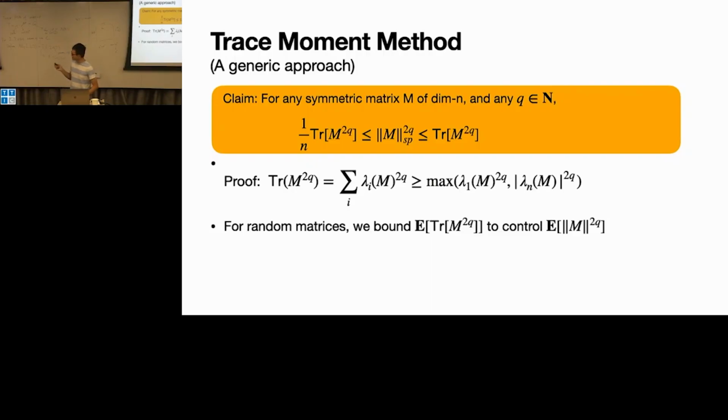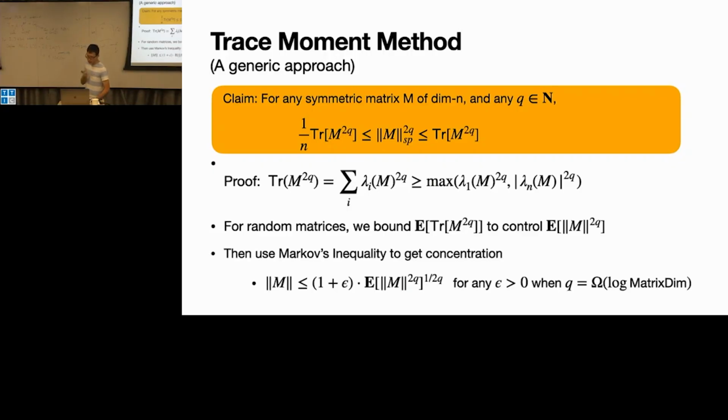So for random matrices, this is a generic approach to control the spectral norm by understanding the expected trace raised to a high power. Here we are usually interested in q being logarithmic in the matrix dimension, so that we can get some concentration from Markov.